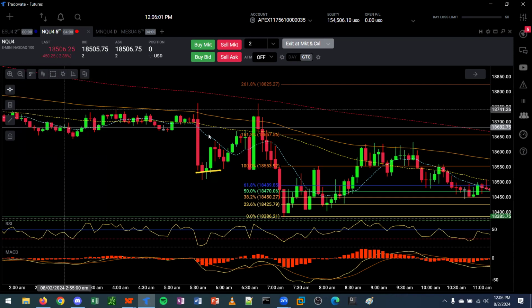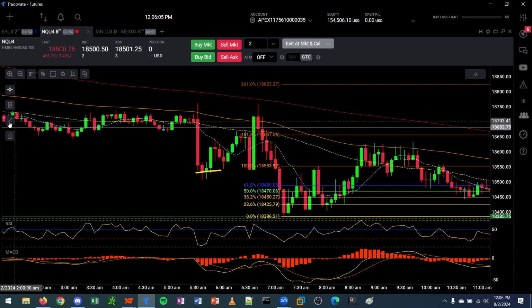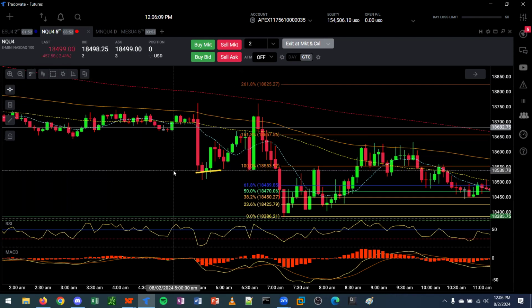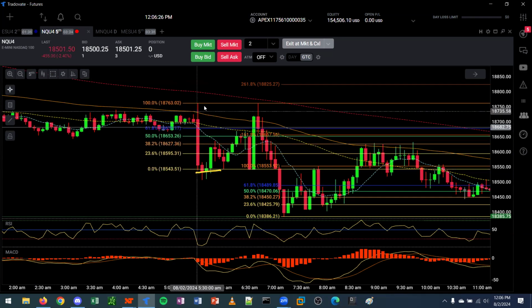Because I bet you most of the time when you see a big red candle or a big green candle, it's going to retrace 50% of that candle. So if we do the candle right there, boom, look, it retraced 50%. Once we got above the 100%, right? And now let's fib out this big green candle right here, which is pretty much the same.